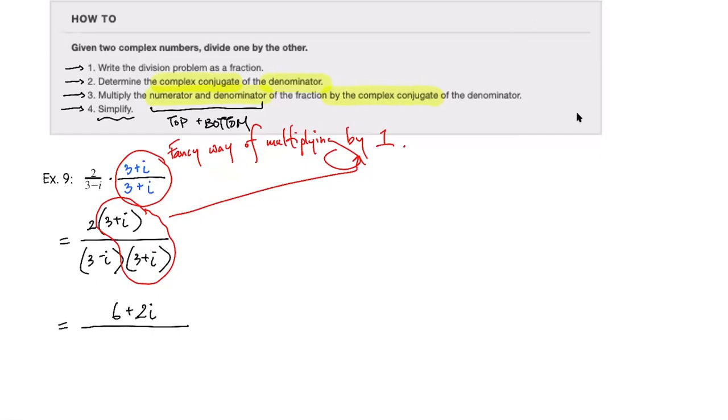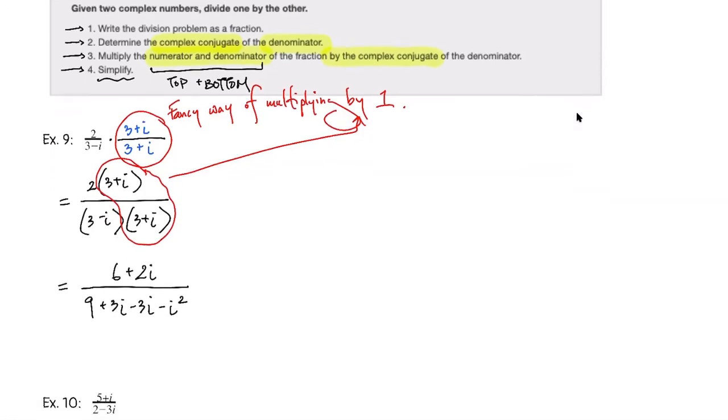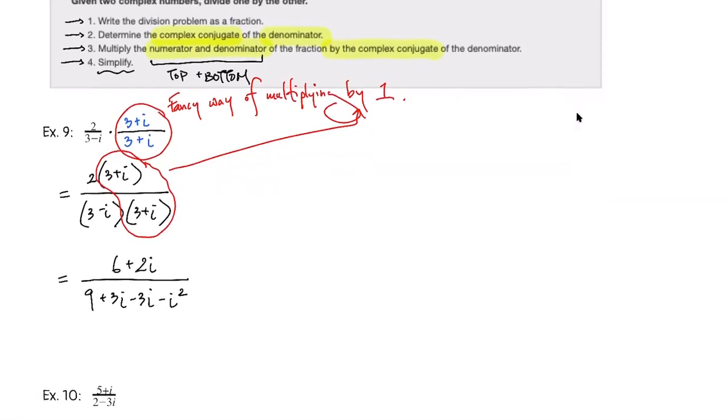Okay. Now on the bottom, we have to FOIL, right? So 3 times 3 gives me 9. Outer terms, inner terms, last term. Okay.